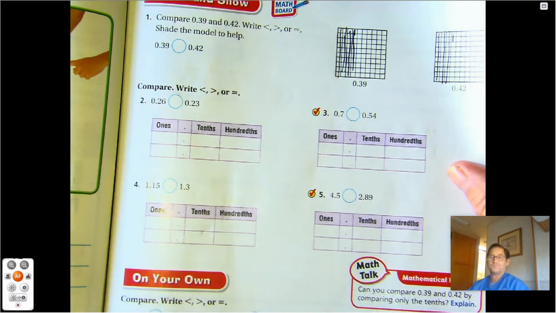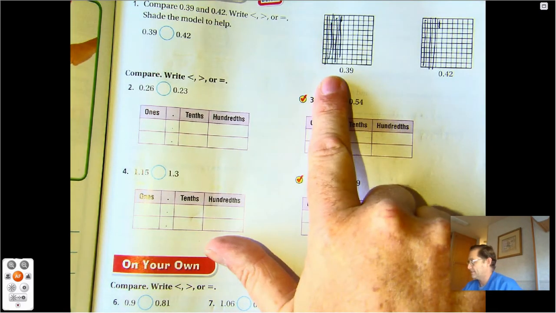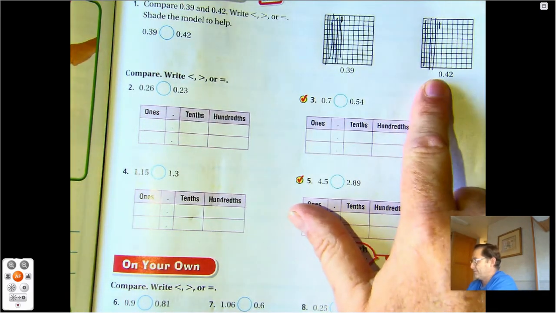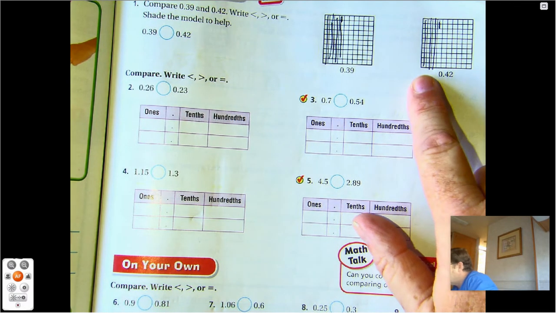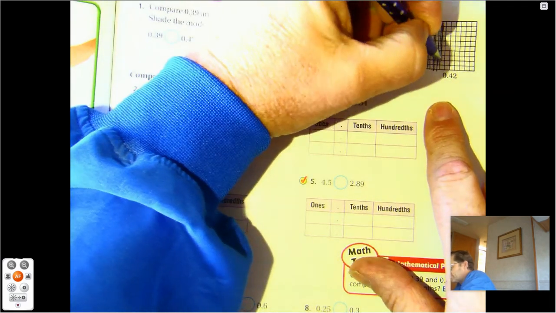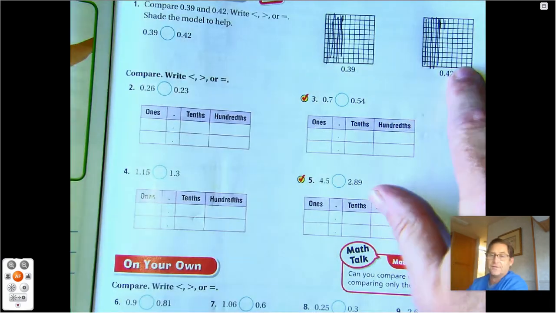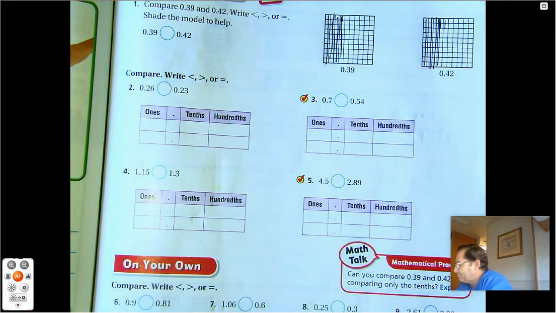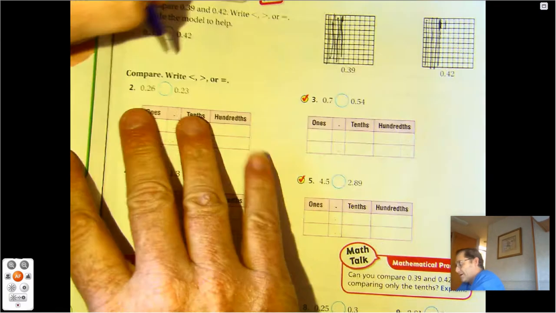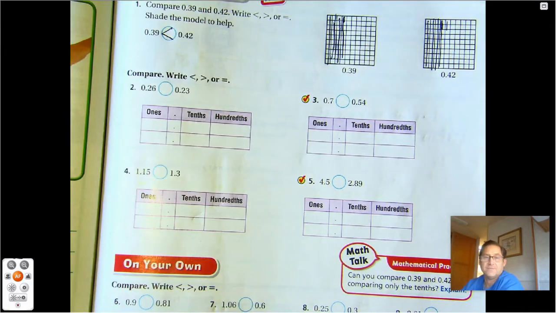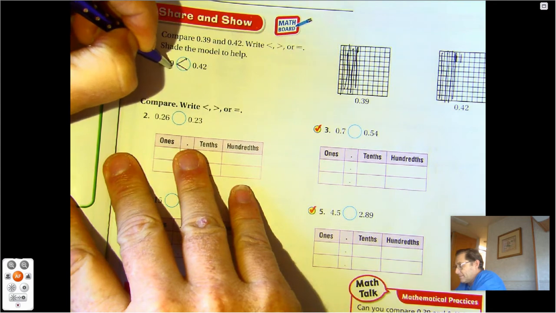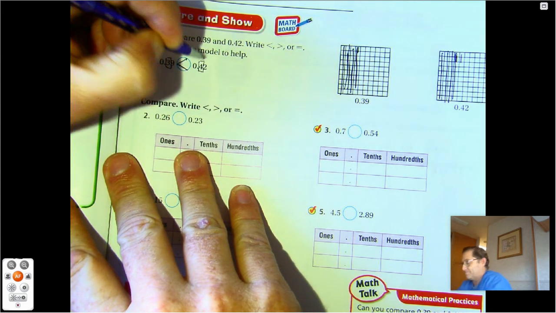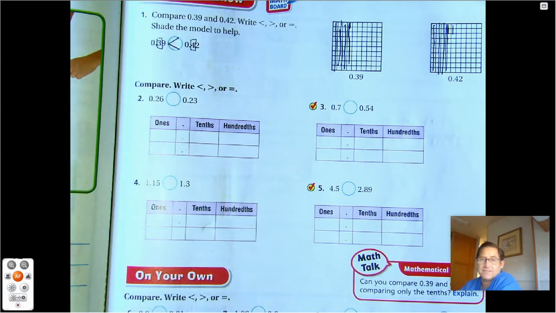Well, this one doesn't have 4 columns finished. This one has 4 complete and is working on the fifth column. Okay, so 39/100 is less than 42/100. I can also tell that by comparing the tenths. 3/10 is less than 4/10.